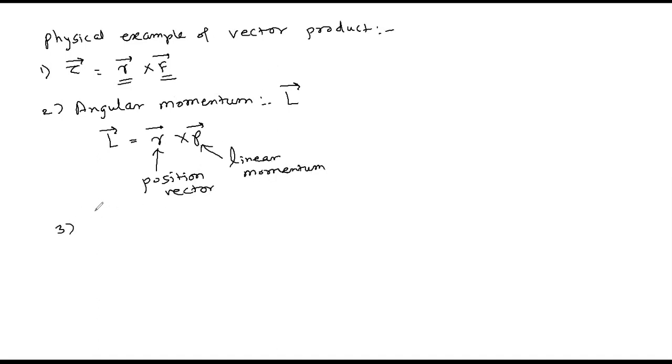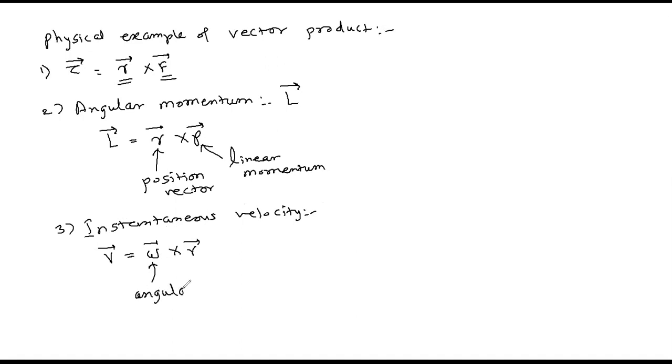Then the third one you can write is instantaneous velocity. So instantaneous velocity V is equal to omega cross R, where omega is called the angular velocity and this vector R is again called the position vector.